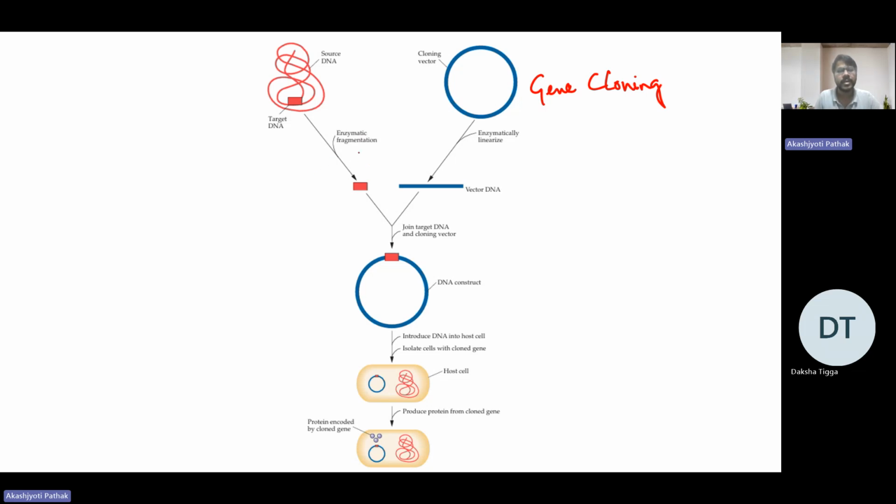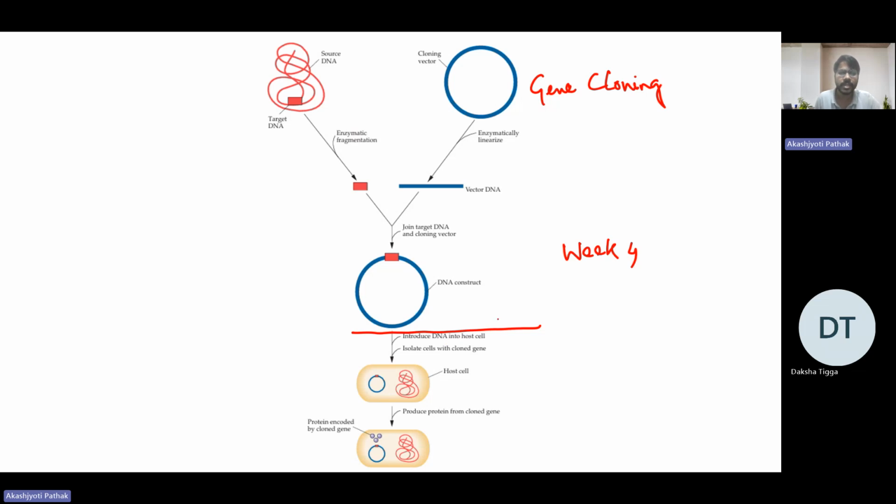By enzymatic fragmentation, we got the target DNA and the vector DNA. And then what is done? Ligation is done, isn't it? So ligation is done, and we clone the target DNA within the vector DNA. All these things we had covered already in weeks 1, 2, 3, and 4.